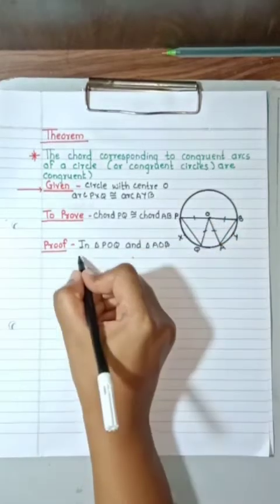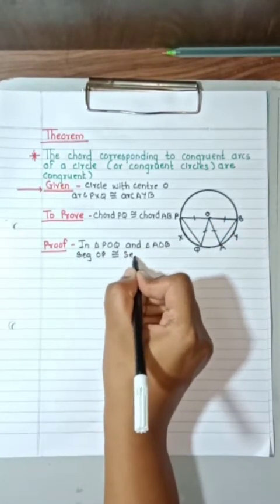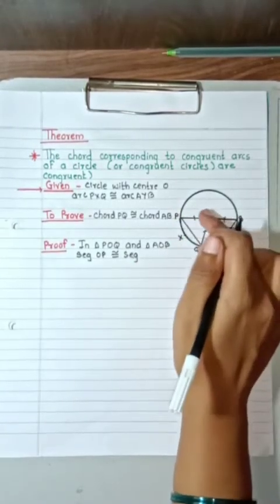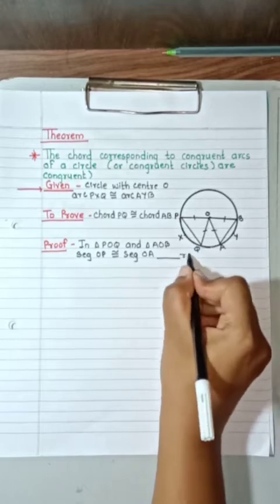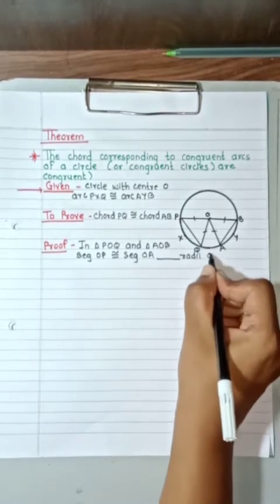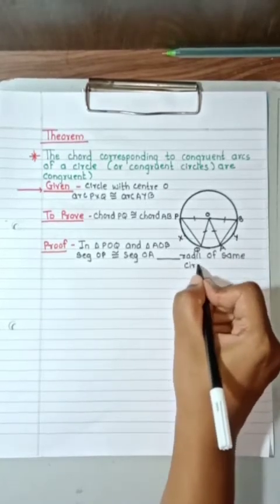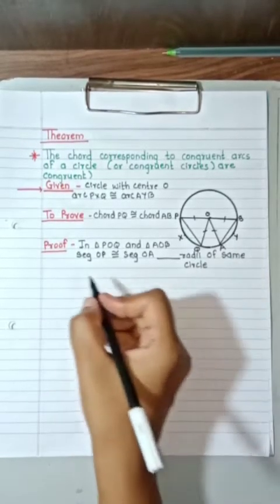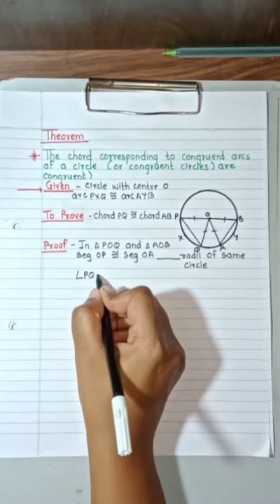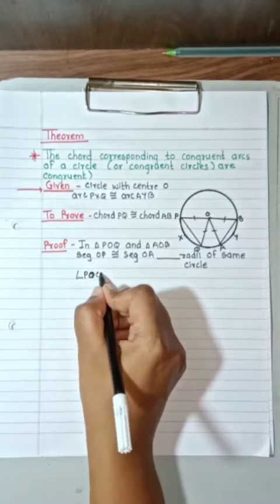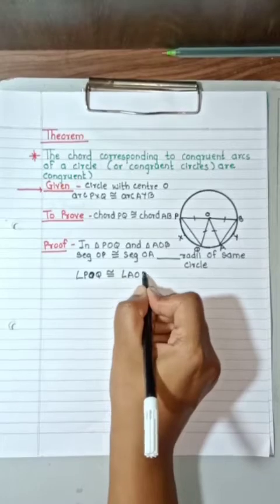Now I'll write down seg OP is congruent to seg OA. I'll write down here, radii of same circle. After that you have angle POQ congruent to angle AOB.